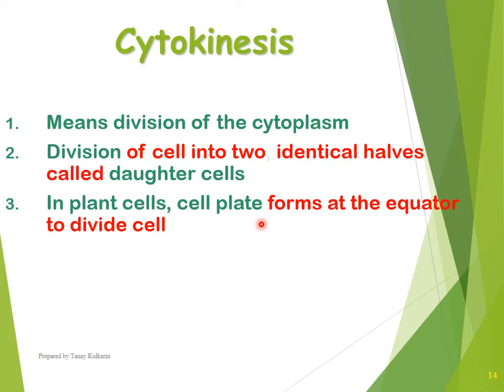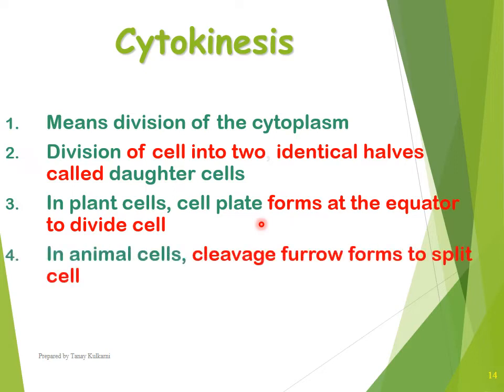Golgi vesicles are small vesicles produced from the Golgi apparatus. But in an animal cell, the cleavage furrow will form further and split the cell into 2. To understand these 2 points, look at this diagram.